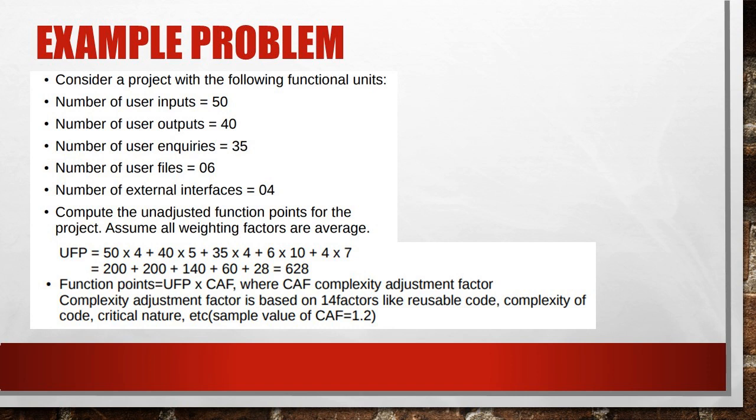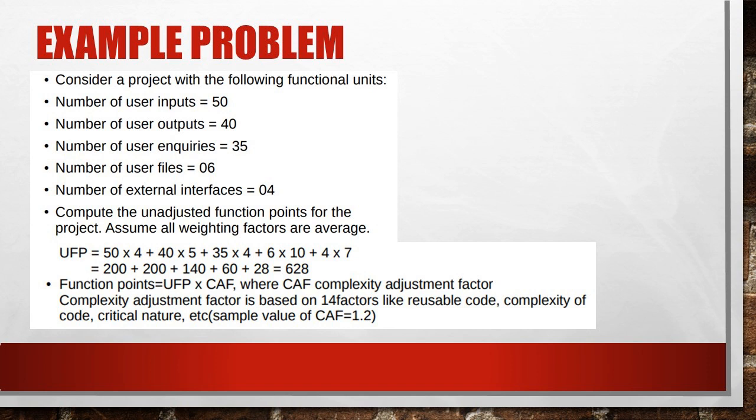So we substitute these average values in the formula. UFP, unadjusted function point, is equal to 50 into 4 plus 40 into 5 plus 35 into 4 plus 6 into 10 plus 4 into 7, and it becomes 628. 628 is unadjusted function point.